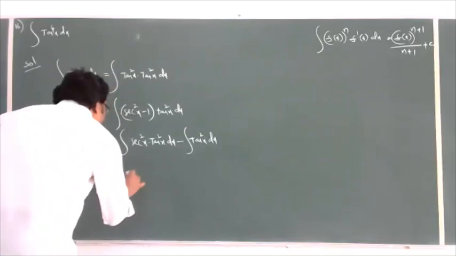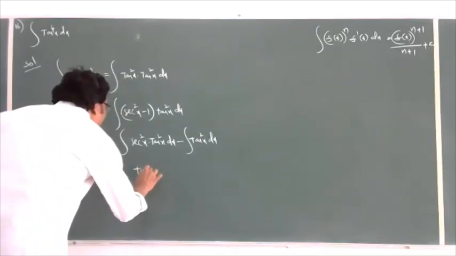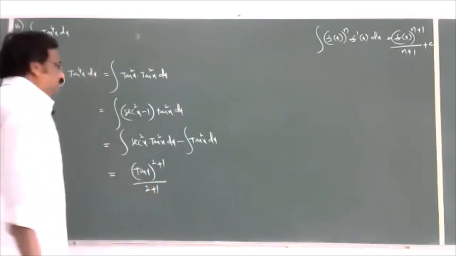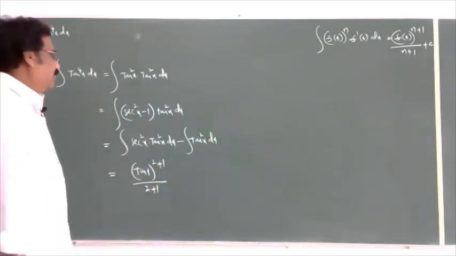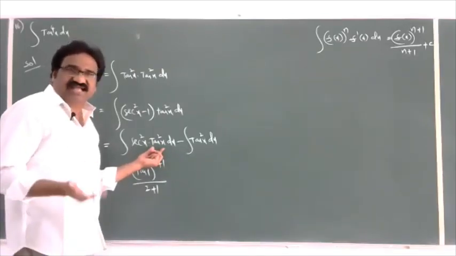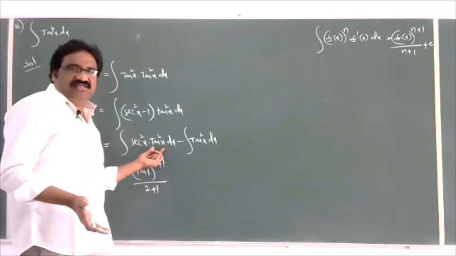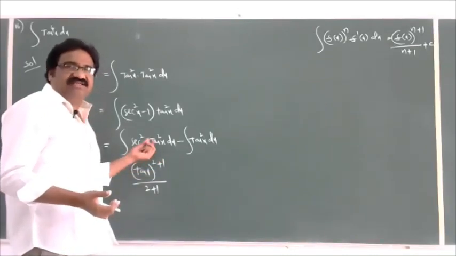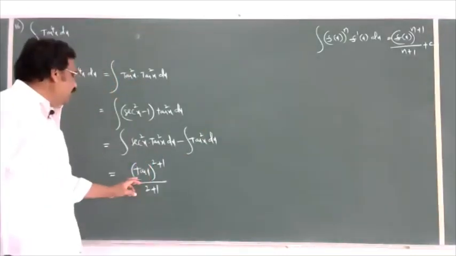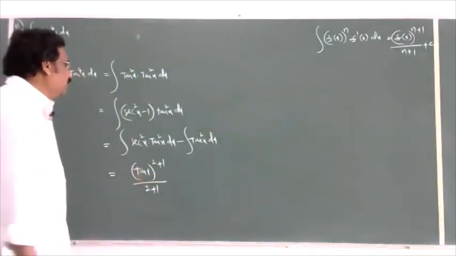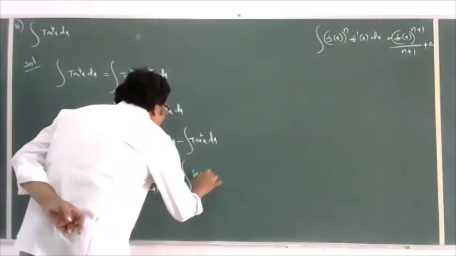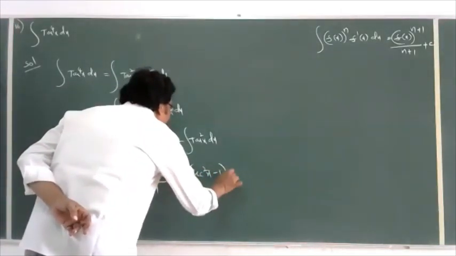By using the formula, this is tan x whole power 2 plus 1 by 2 plus 1, that is tan cube x by 3. Minus integral tan square x, which is again secant square x minus 1, dx.